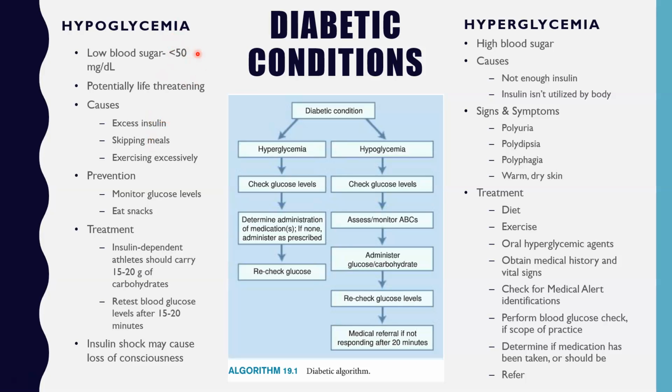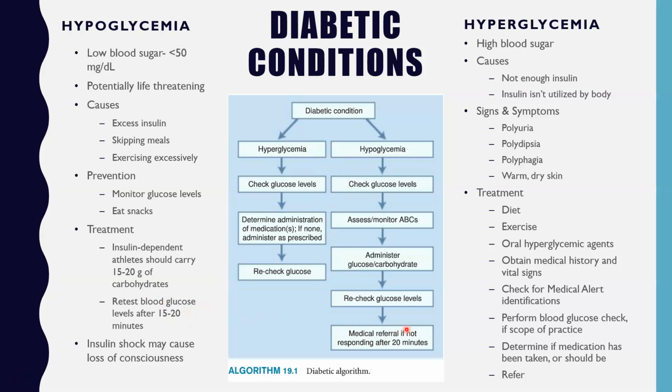When they get below 50, we can actually get a situation where there's not enough blood glucose for brain activity. And so in those individuals, we would start to see tremors, lack of coordination, changes in consciousness. And so we would have to administer carbohydrates and then check again after about 15 minutes.